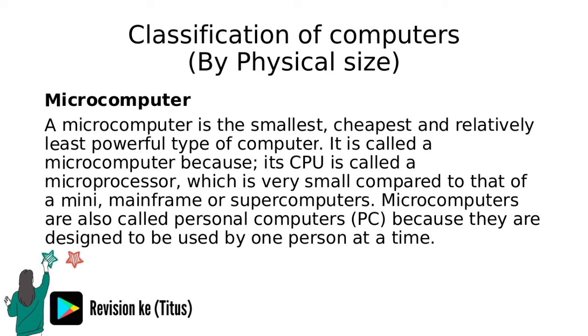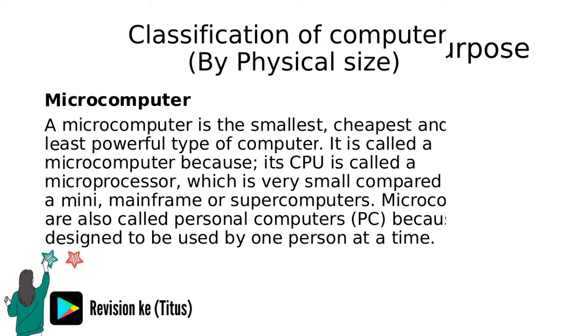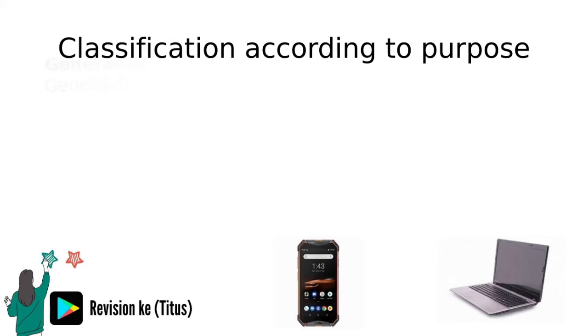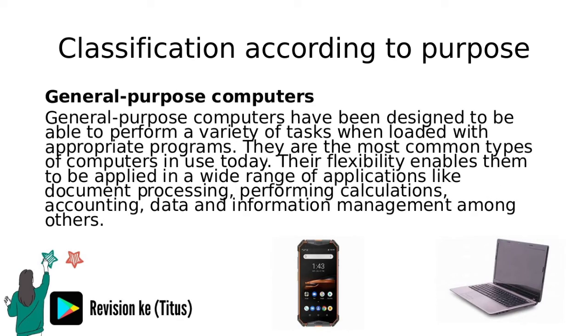And so we'll fast forward to classification according to purpose. In this respect we have two subgroups, the general and the special purpose computers. The general purpose computers have been designed to be able to perform a variety of tasks when they are loaded with the appropriate programs.